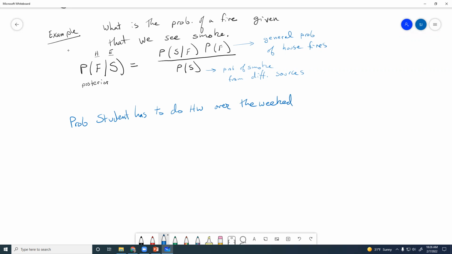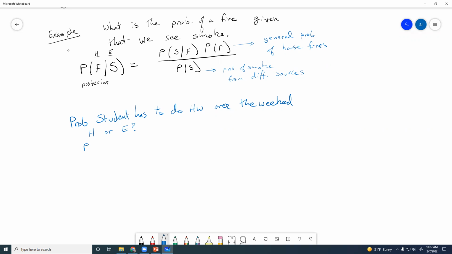And then we say, so this would be, is this the smoke or is this the fire? And is this our hypothesis or is this our evidence? It would be the hypothesis. Yeah, I think so.